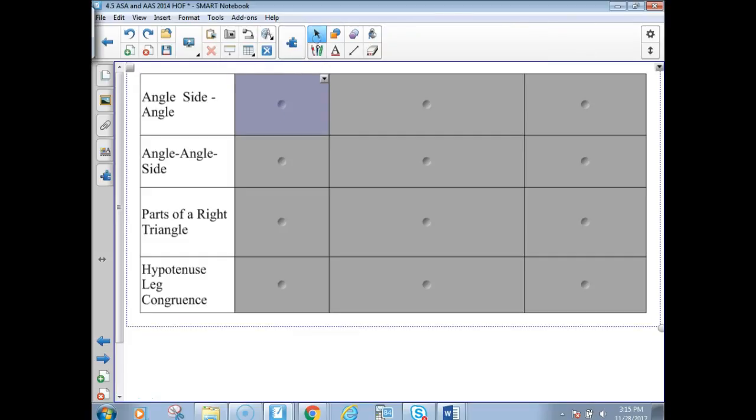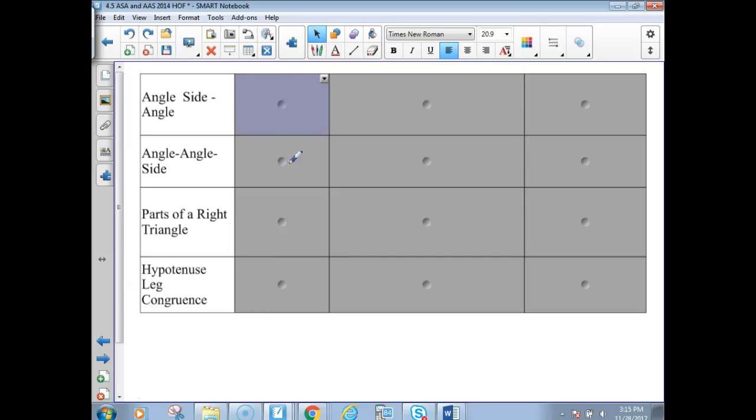If I could get my pointer to work for me. It's not doing its thing. What's going on? How weird. Oh, there it is. Well, usually the little thing opens up. Sorry. What is going on? This is a pointer. Oh my goodness.